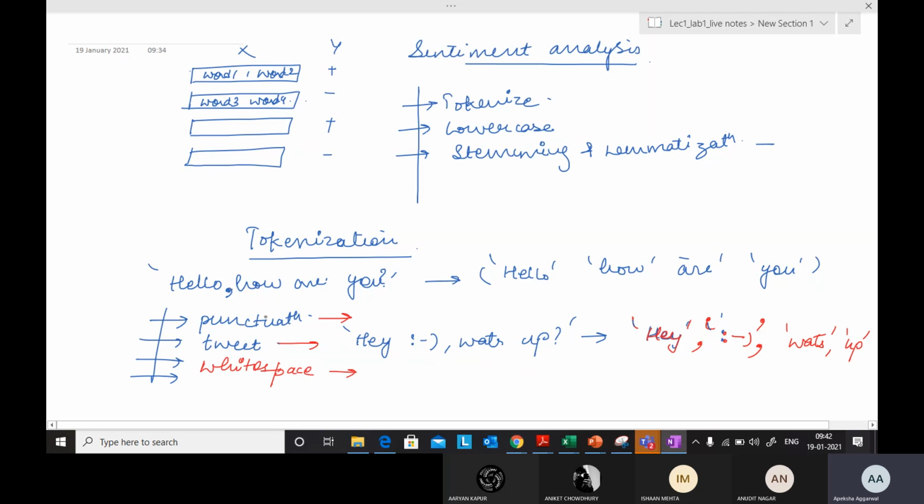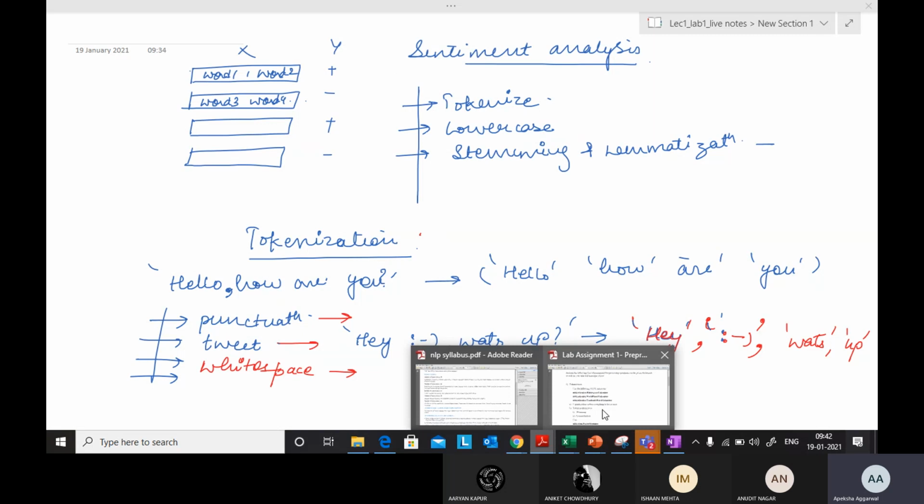Depending upon what kind of tokenizer you are using, you'll get your set of words as output. Whenever you are processing any data set, you have to check what kind of data set it is. If it's a casual text data set like tweets, then you have to use the tweet tokenizer, and so on.